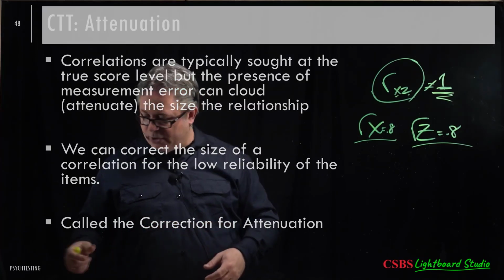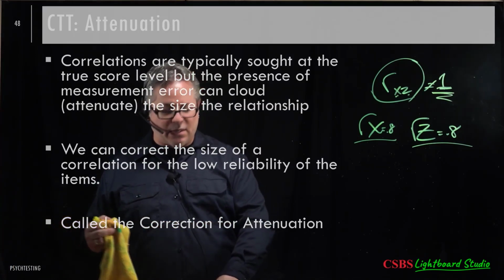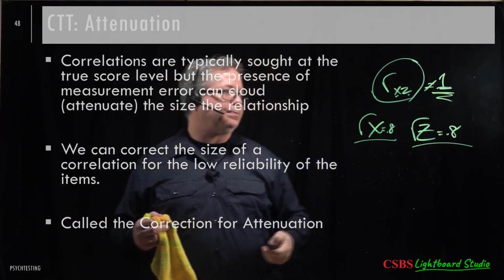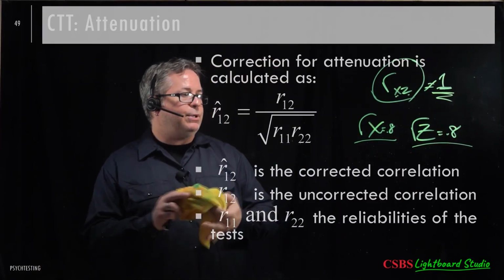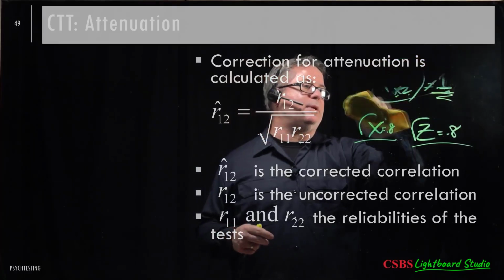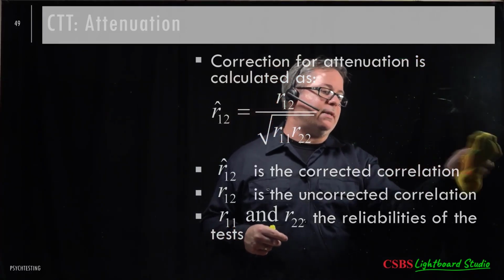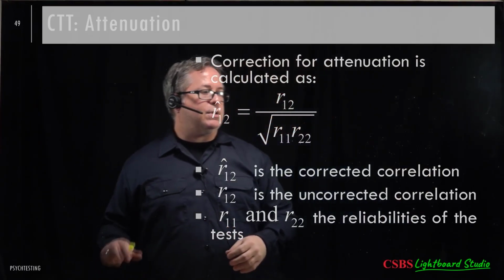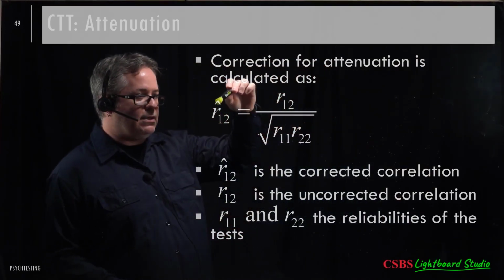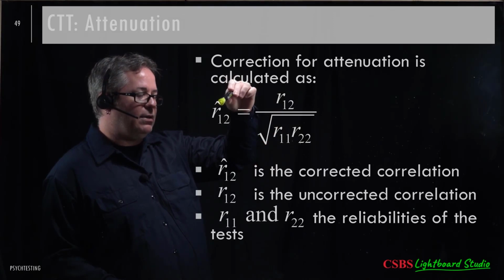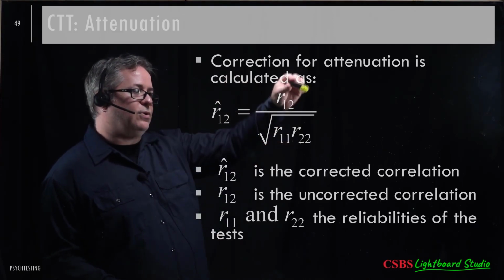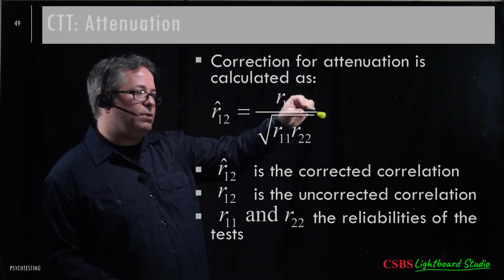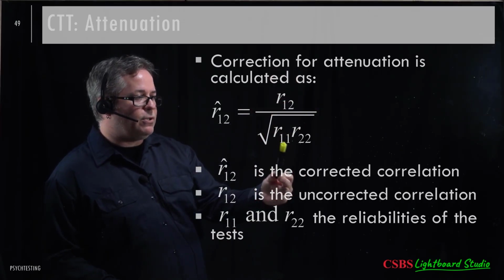So I can correct for that. I can say, all right, I know that these aren't perfectly reliable. They're at 0.8. So I could compute the correlation between the two of them and correct for the fact that the reliabilities are not perfect. This r with a hat on it is the corrected correlation. You take the correlation between the two of them and divide that by the square root of the product of the two reliabilities.